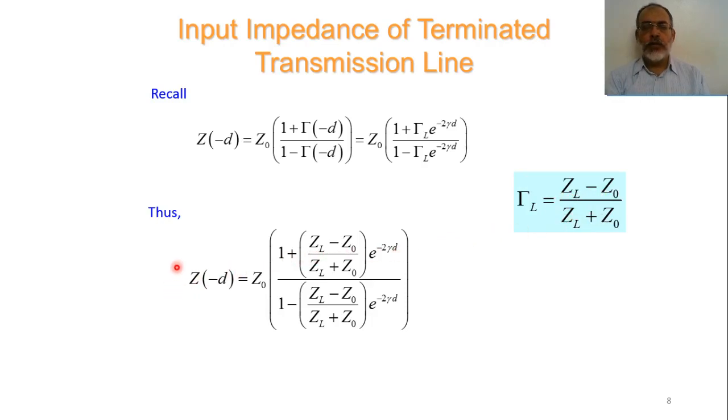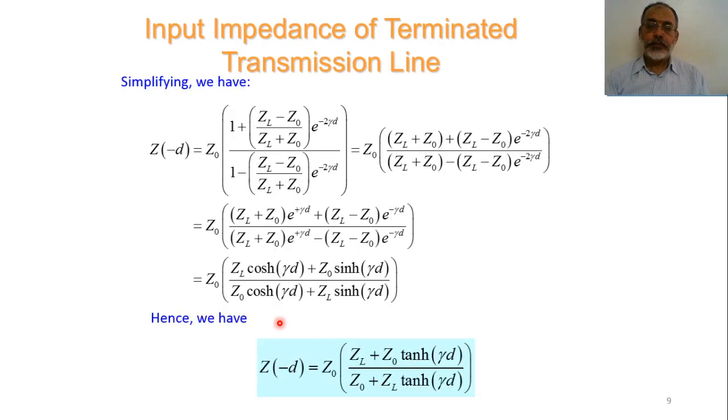So the input impedance at a distance d from the load would be Z naught multiplied by 1 plus Z load minus Z naught over Z load plus Z naught multiplied by e to the power minus 2 gamma d, over 1 minus Z load minus Z naught over Z load plus Z naught multiplied by e to the power minus 2 gamma d. We are going to simplify this equation. Effectively, this equation is quite sufficient, but we are going to simplify it.